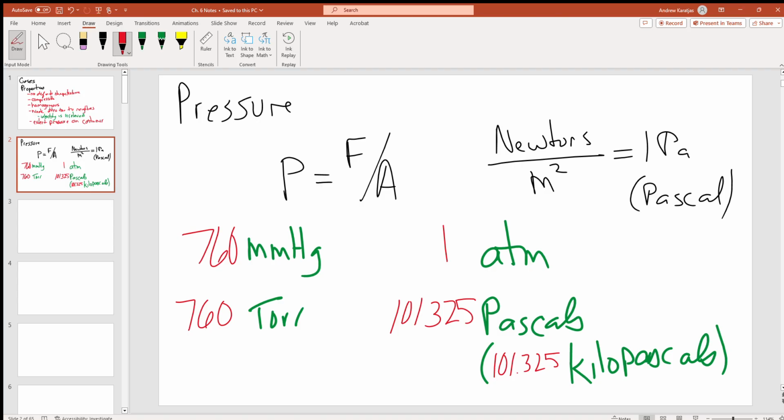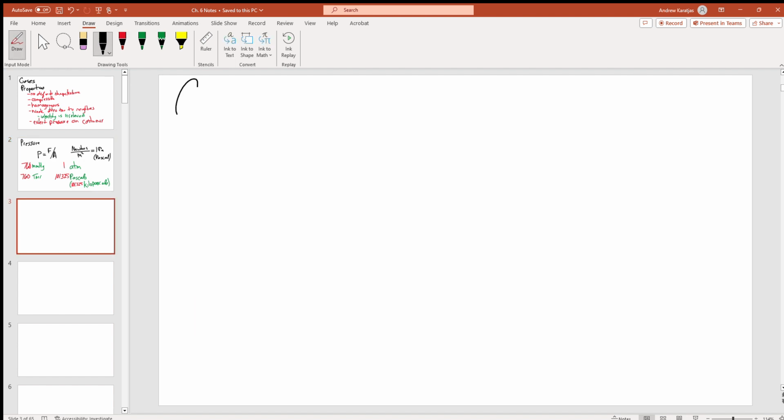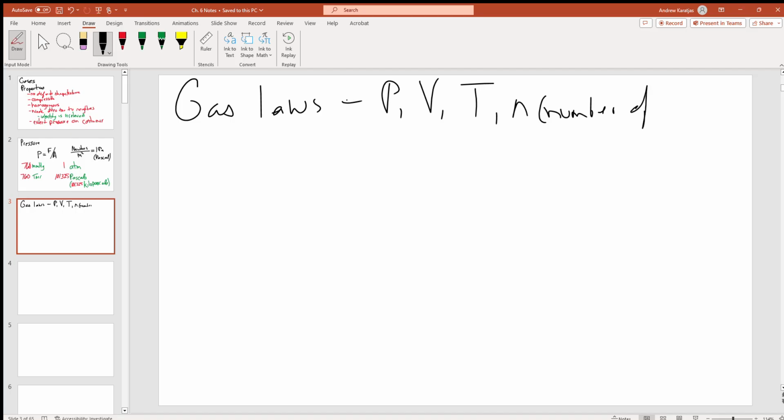But what we're going to be most interested in this section are our gas laws. And our gas laws give us the ability to relate pressure, volume, temperature, and n, or number of moles. We start out with a bunch of simpler laws that look at different combinations of two of these.